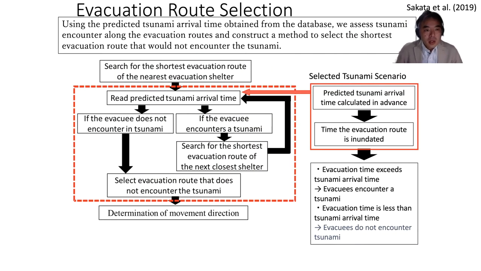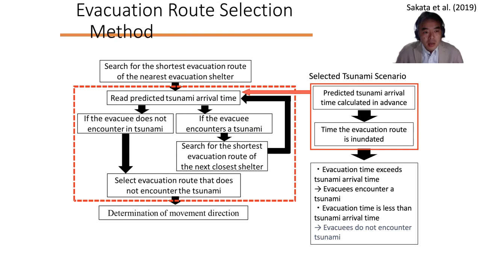According to the predicted tsunami arrival time, we assess the tsunami encounter along the evacuation route and construct a method to select the shortest evacuation route. At first, this system searches for the shortest evacuation route to the nearest evacuation place based on the predicted tsunami arrival time.